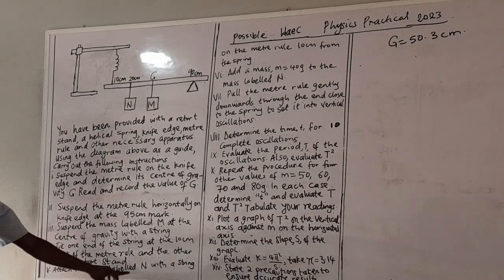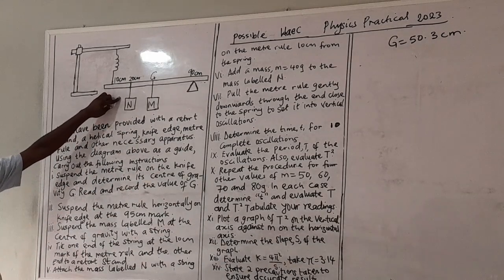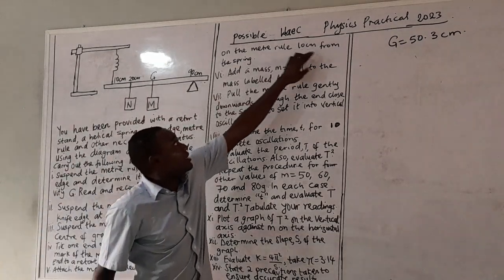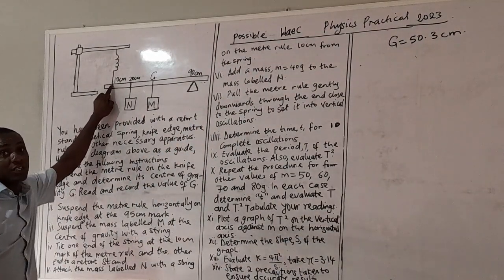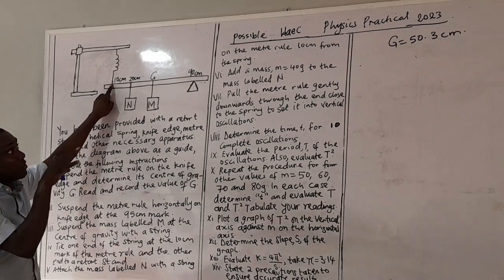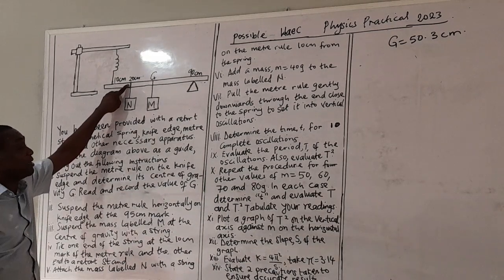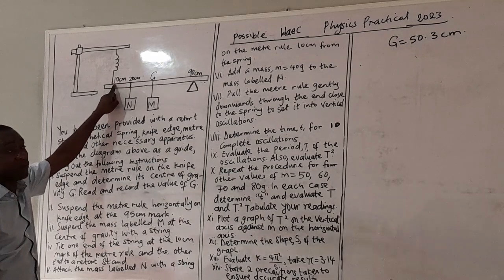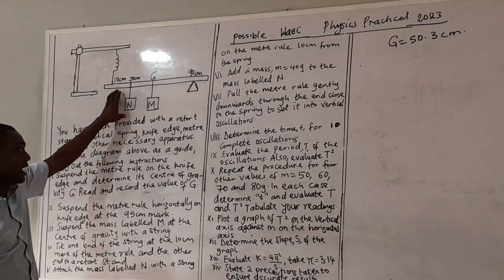Attach the mass labeled N with a string on the meter rule 10 cm from the spring. So the spiral spring is at the 10 cm mark, while the mass N is 10 cm from there. So that should be what? At the 20 cm mark. So we use this as a guide.